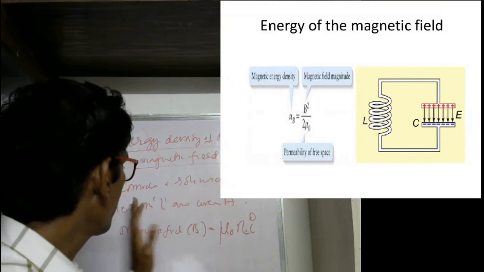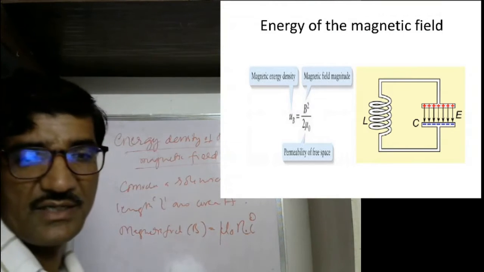We consider the solenoid of length L and area A. How many turns are there?